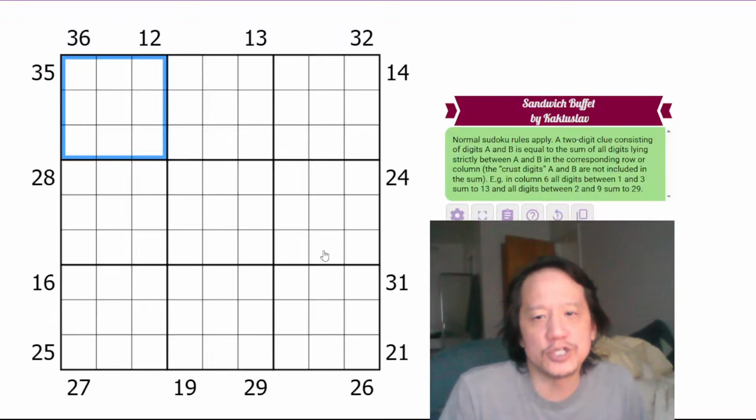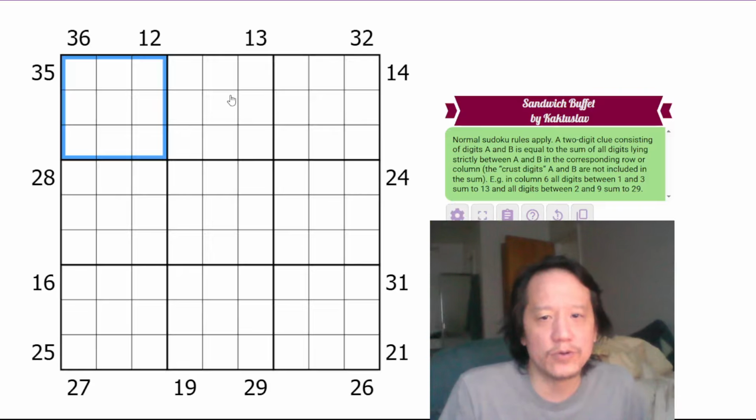A 2-digit clue consisting of digits A and B is equal to the sum of all digits lying strictly between A and B in the corresponding row or column. That is, the crust digits A and B are not included in the sum.